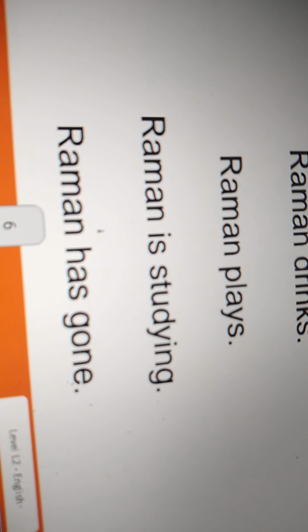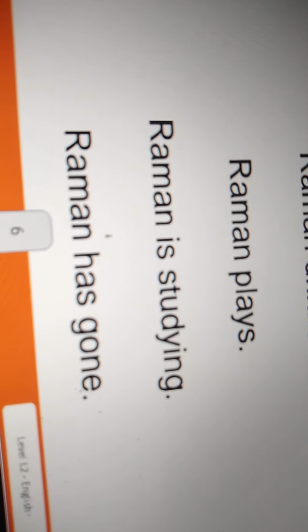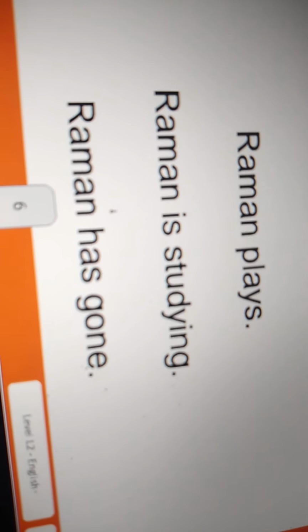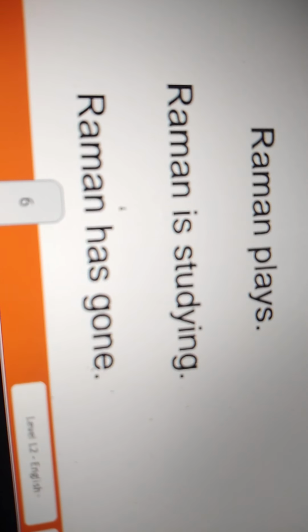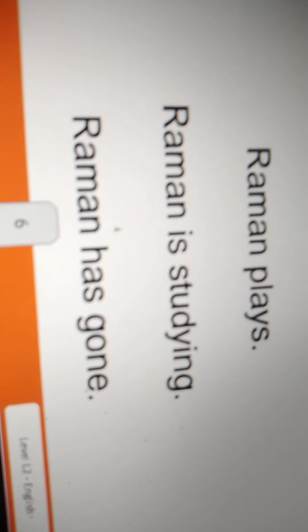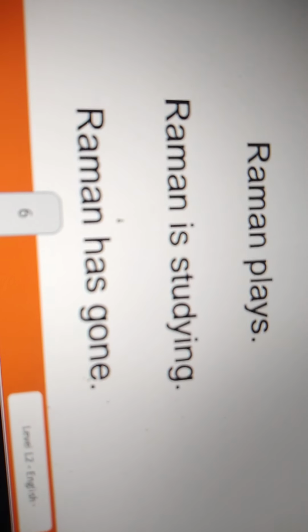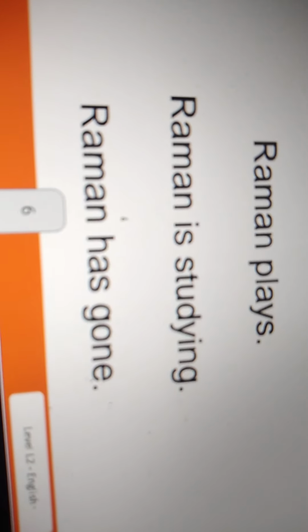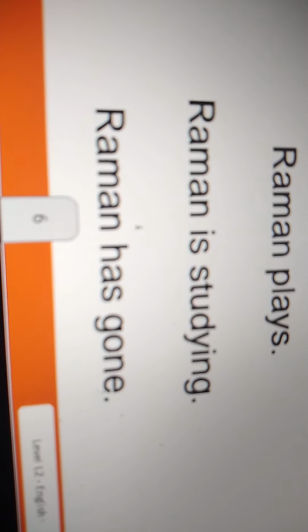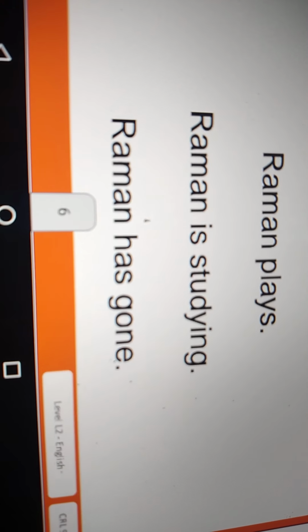So what is the subject here? Raman. Verb, studying. The word is is a helping verb, children. Am, is, are, was, were, these are all helping verbs which come before the main verb to tell the time of the action. Then the next one, Raman has gone.